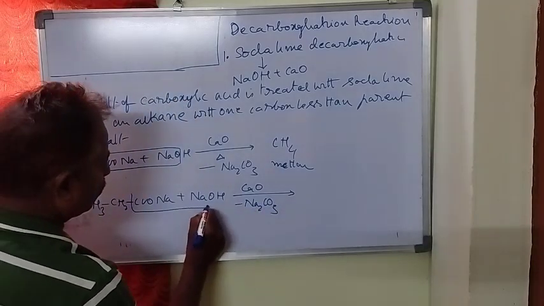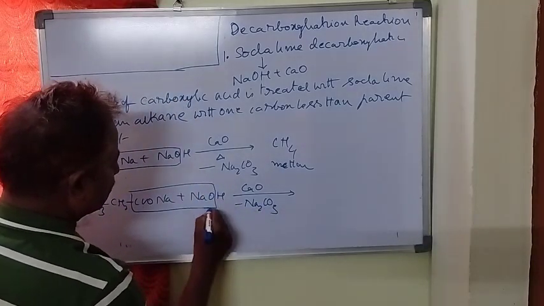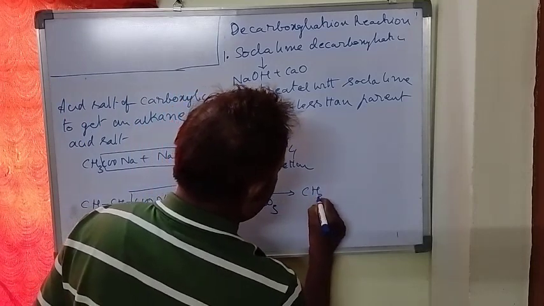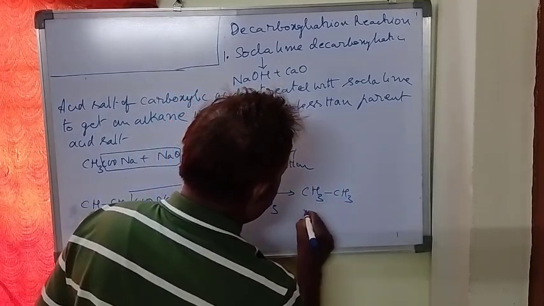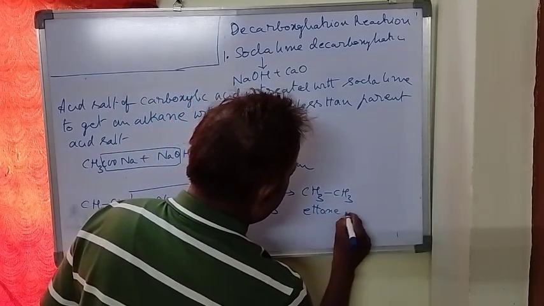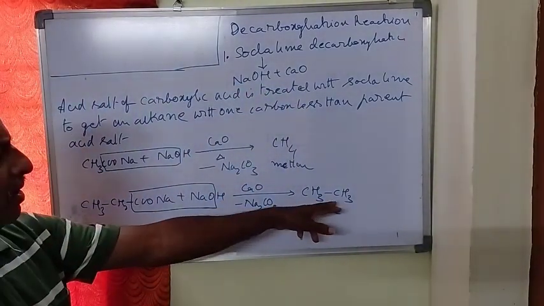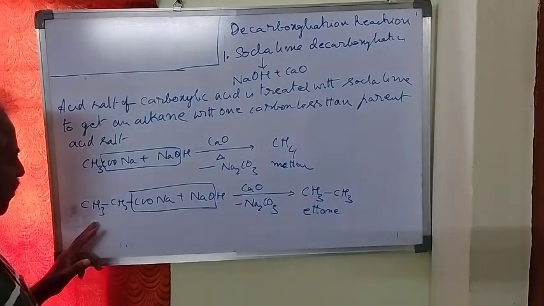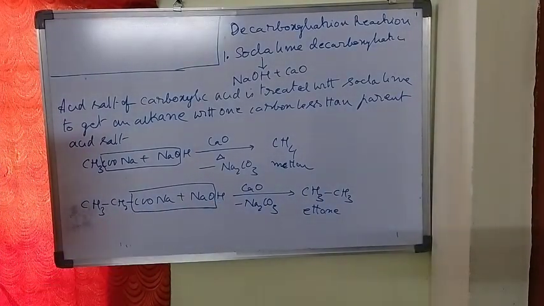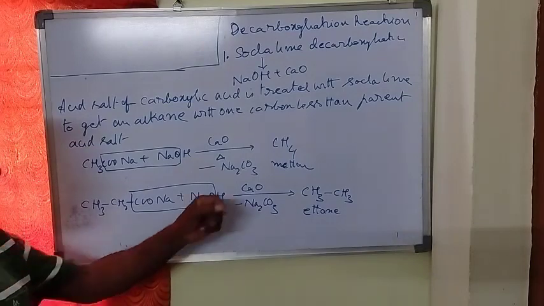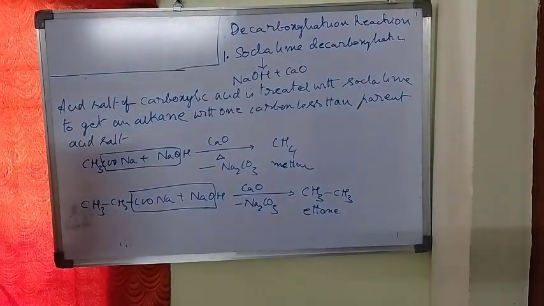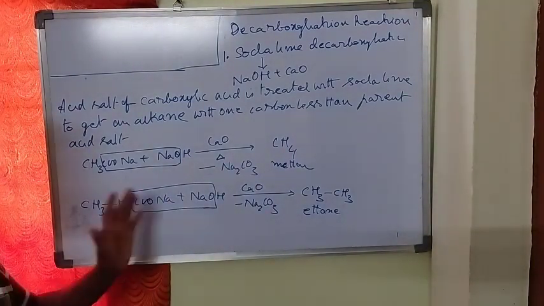Therefore, we get CH3CH3, ethane, plus sodium carbonate. So here the resulting alkane has 2 carbon atoms, whereas the parent acid salt has 3 carbon atoms. Therefore, these reactions are used for descending the series. Descending the series means the product has 1 carbon less than the parent acid salt.